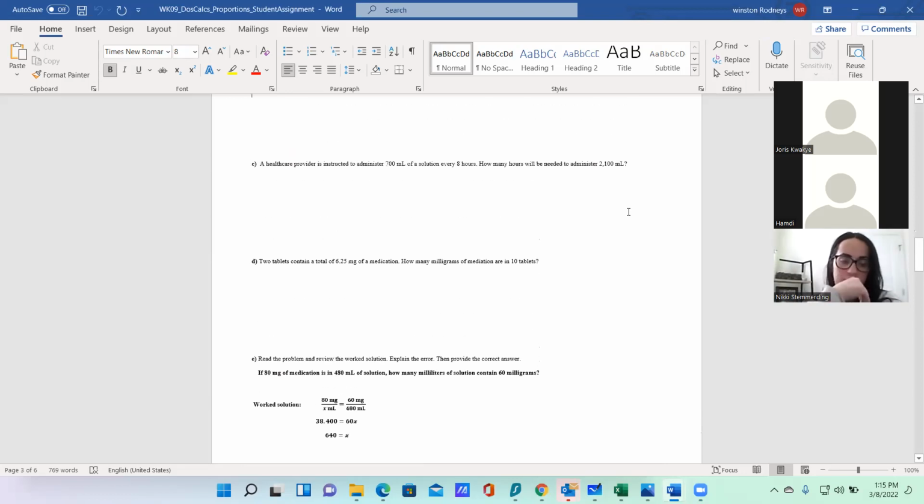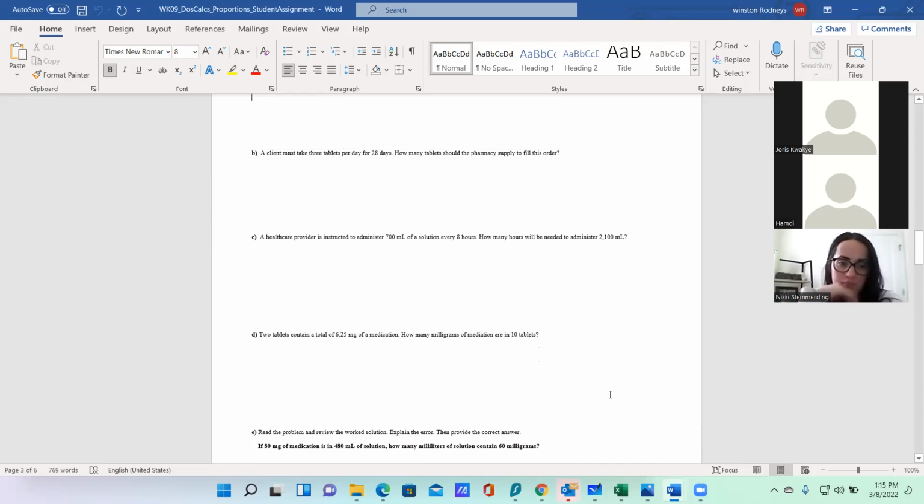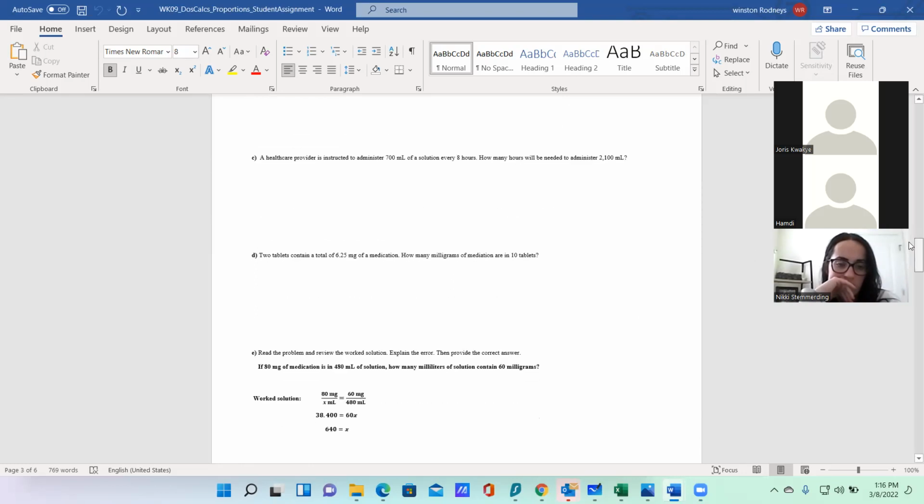And most of it is already intuitive. If you went to the doctor and were asked to take 500 milligrams and you had 250s, you would know you're supposed to take 2 of them. This is not something that would require so much calculation.